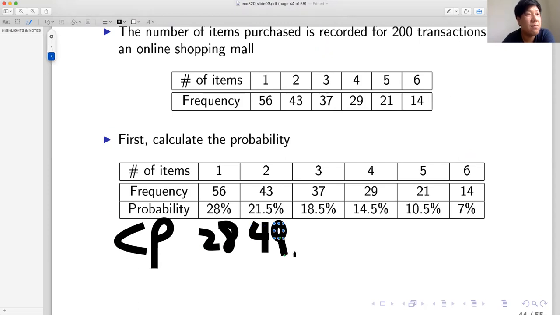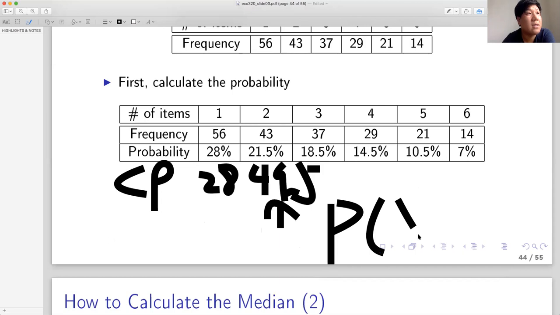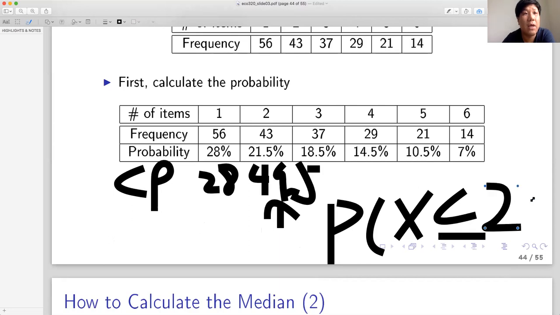This 49.5 represents what? That cumulative probability is the probability that any random variable x is less than or equal to 2.